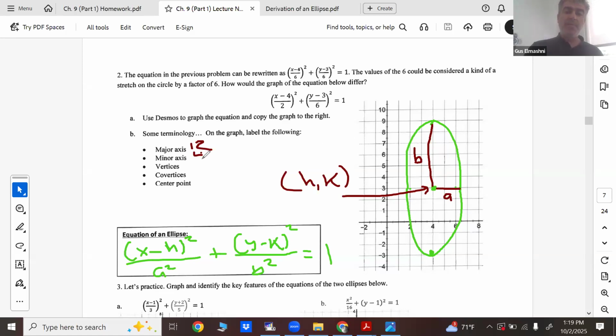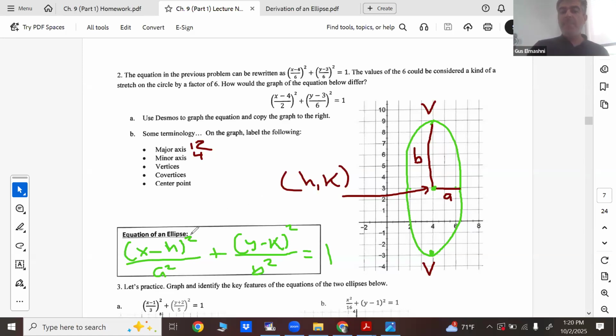Marie, go ahead. If we did x minus 4 over 2, and then we said a is 2, then in the equation it's a squared, so why would we go out like that? Oh, what I did, it's okay, it's all good. I do that every day. What I decided to do is put the parentheses just around x minus h instead of the whole fraction.